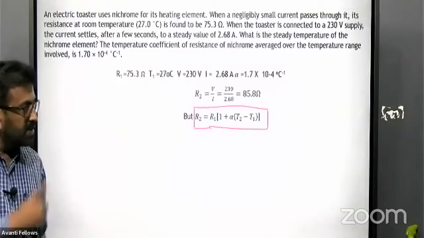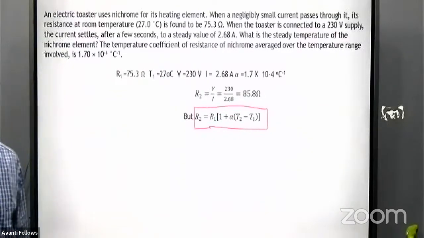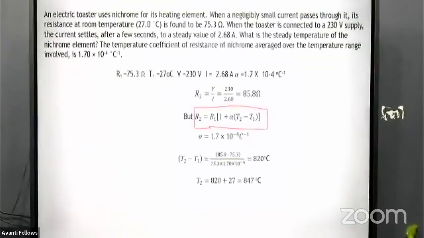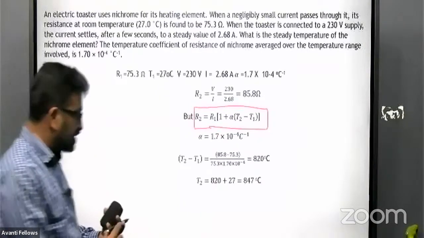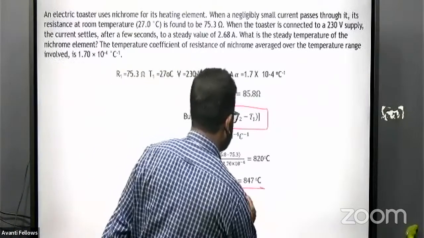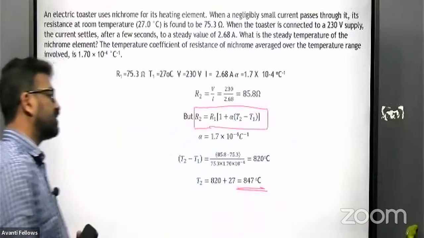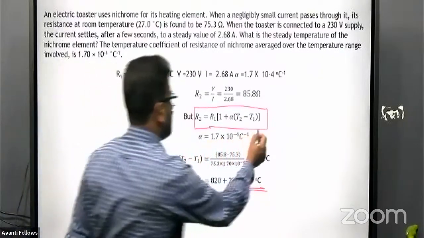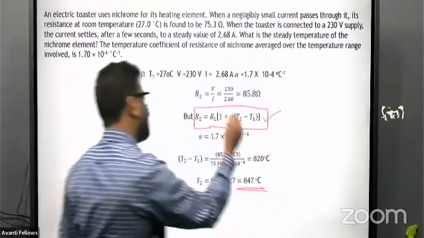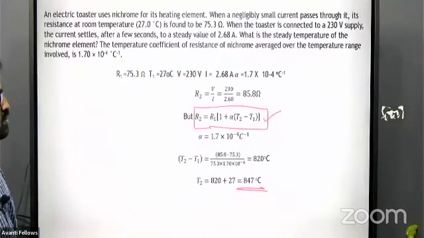This time we are expecting a question from this area. When we calculate, we get the final answer as 847 degrees Celsius. Only this equation is crucial. If you get this equation, all other things are very easy to solve.